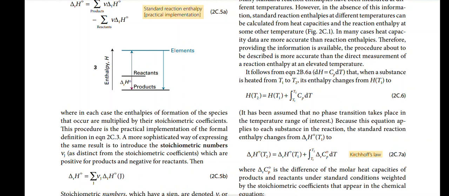This procedure is the practical implementation of the formal definition in equation 2C.3.